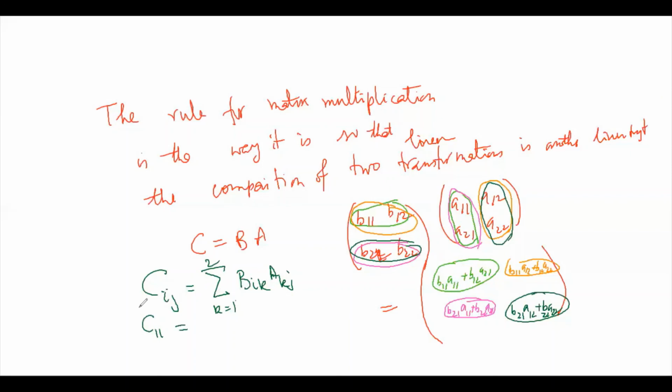That's equal to the summation k equal to 1 to 2 of B1k Ak1. And this is nothing but B11 A11 plus B12 A21. This is exactly this element. Okay.